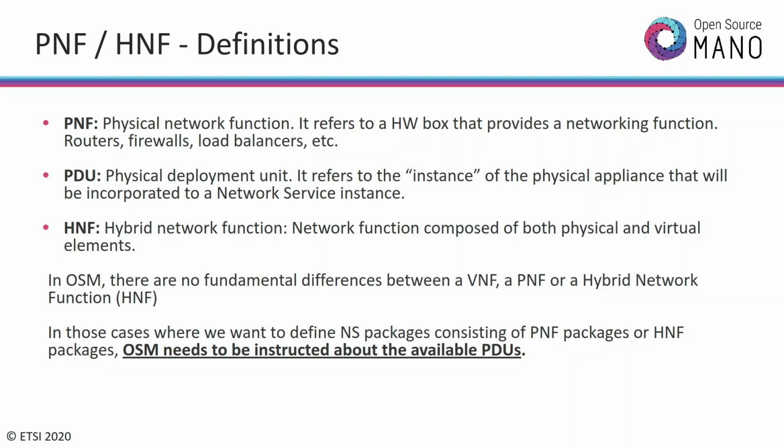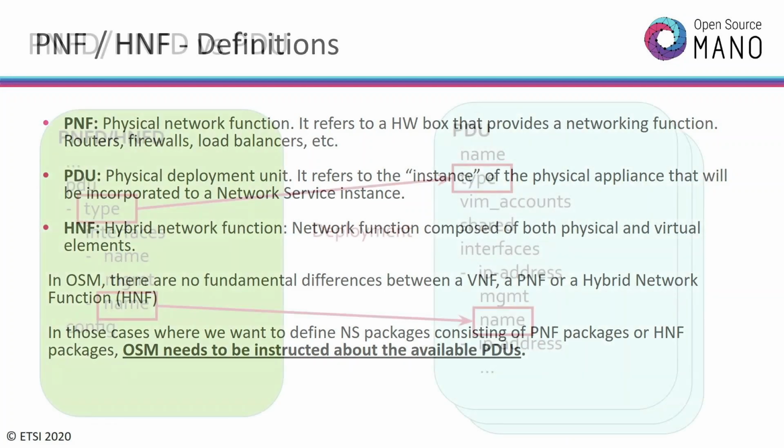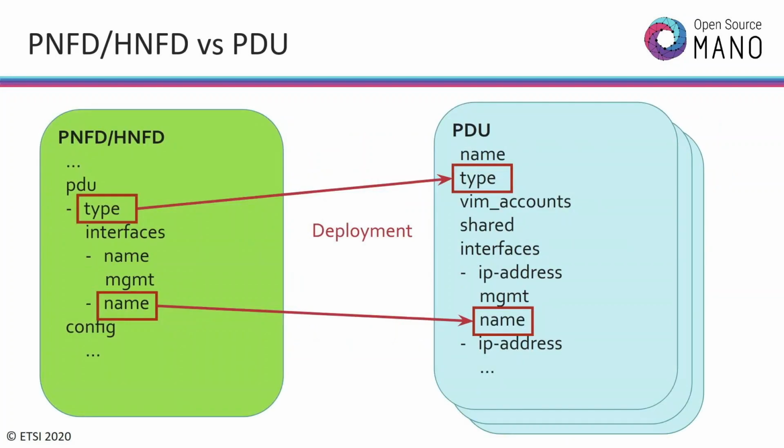So what we need to do to orchestrate, to go and configure a PNF as part of a network service, is to instruct OSM that there is a PDU, an abstraction of this PNF, available for me. So there we have this concept of PNF and PDU. The PNF is modeled in a descriptor.